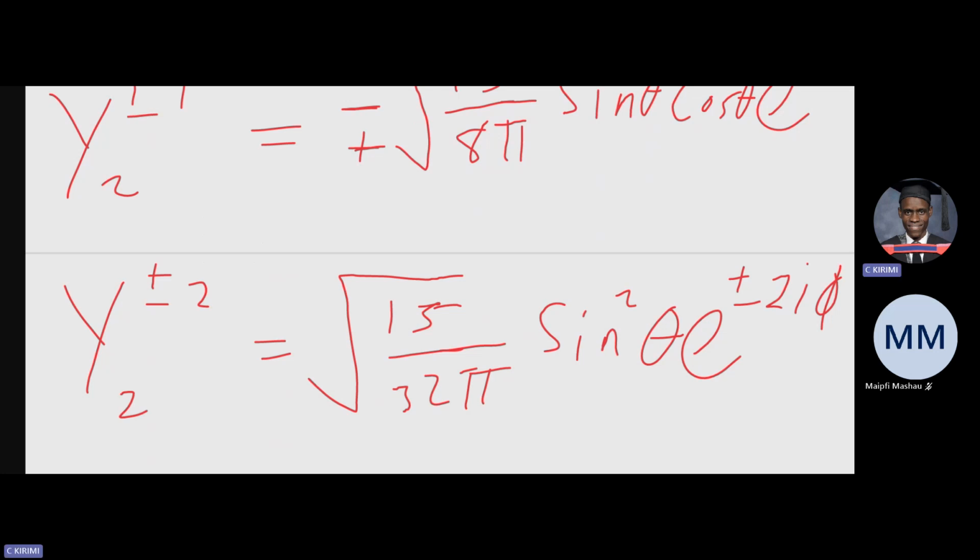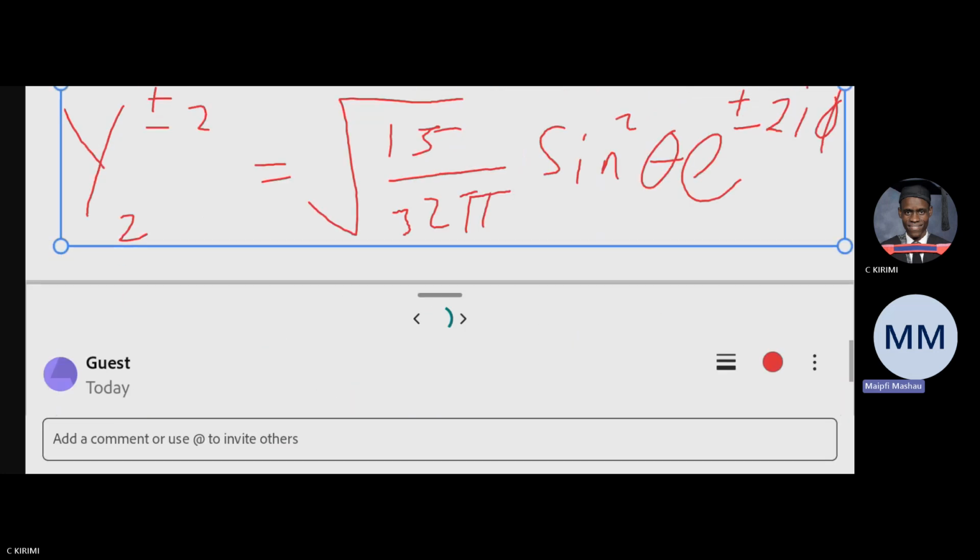In our question, how do you know that L is equal to 2? Is it not because the original equation is 2? I was about to ask you the same question. Where are you going to see that information?